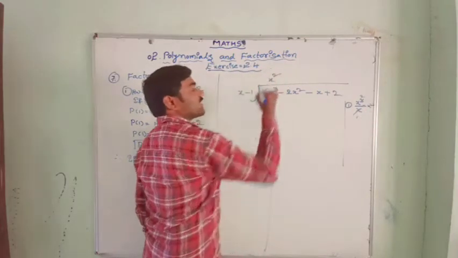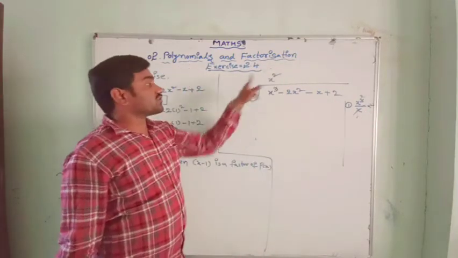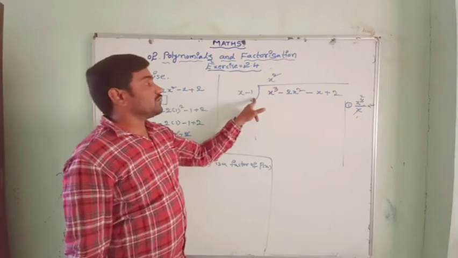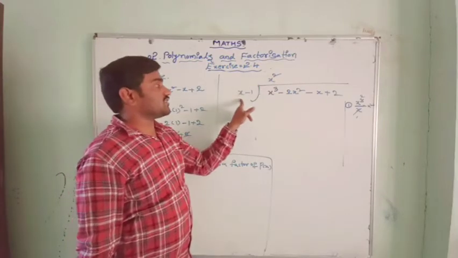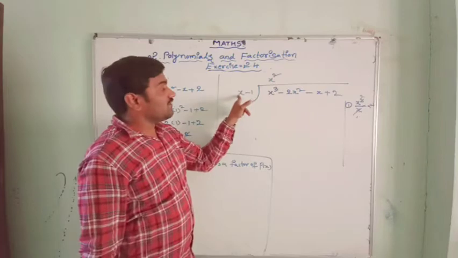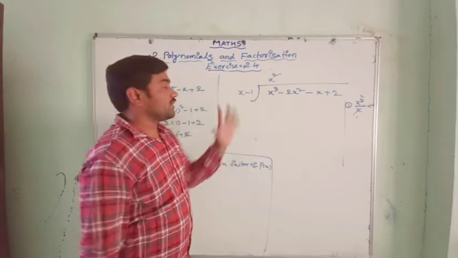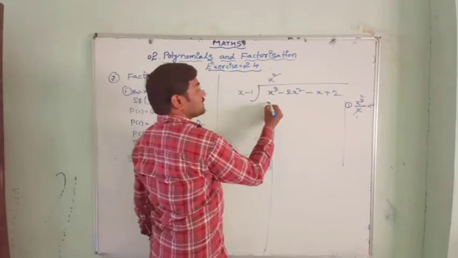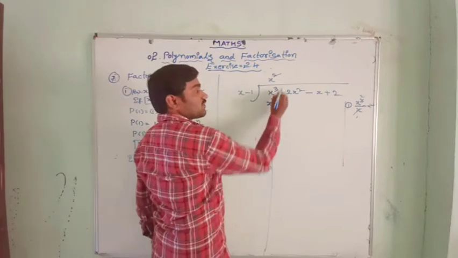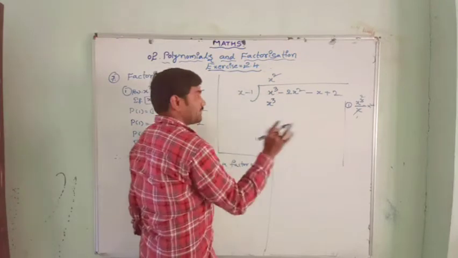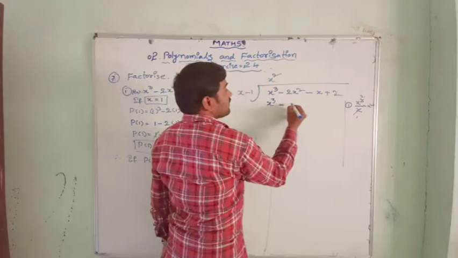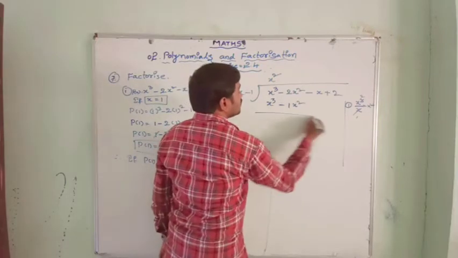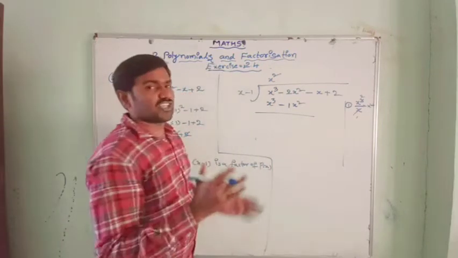Let us write the x square here. Now with this x square we have to multiply both the terms. Multiplying the first term, x square into x, we get x cube; always you will get the first term the same. Minus 1 into x square gives minus 1 x square. So here plus x cube and plus x cube cannot be cancelled.